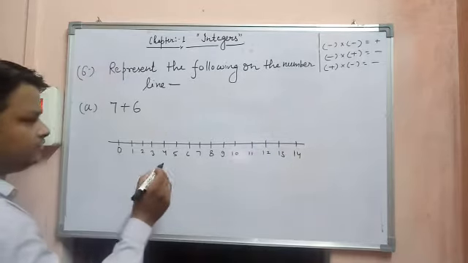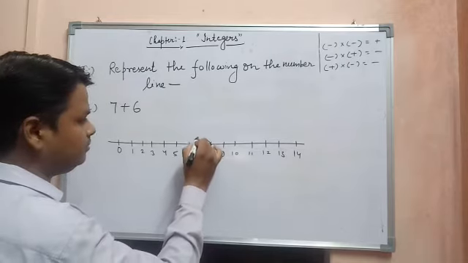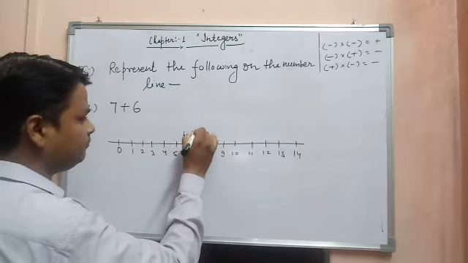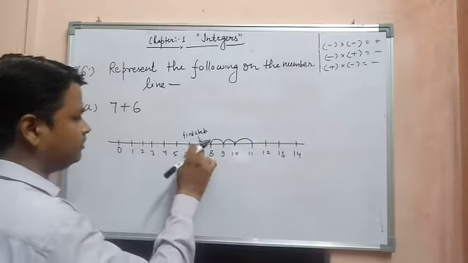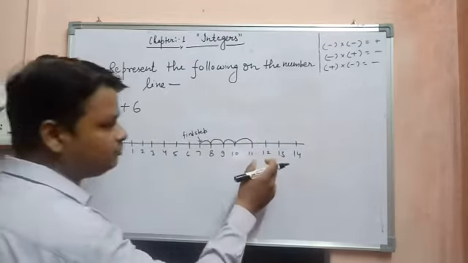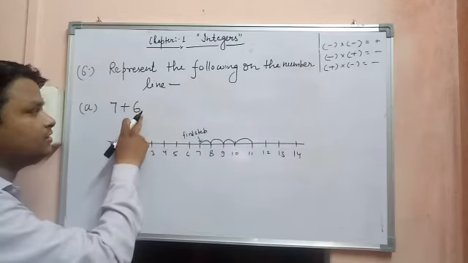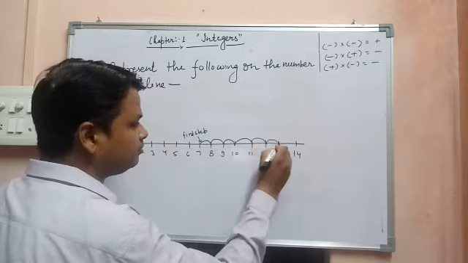So first of all, this is the first step, to reach 7. After that, you have to move on. After 7, how many more is 6? Then 1, 2, 3, 4, 5, 6.